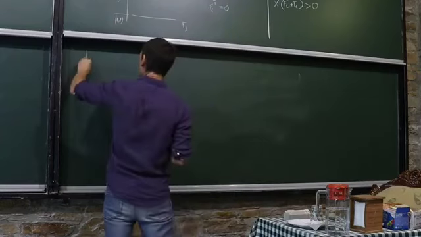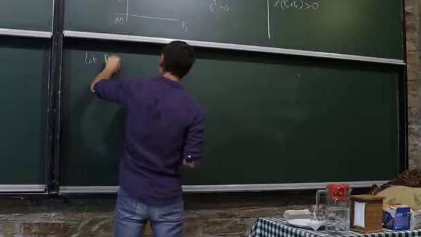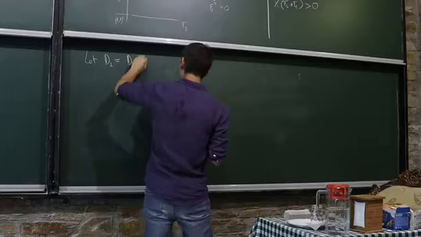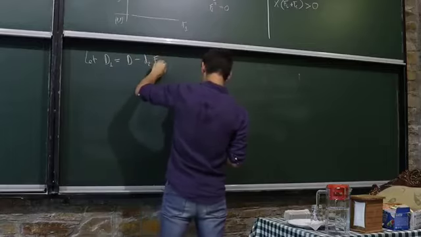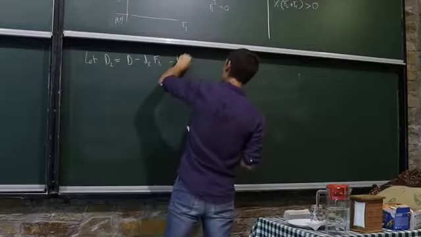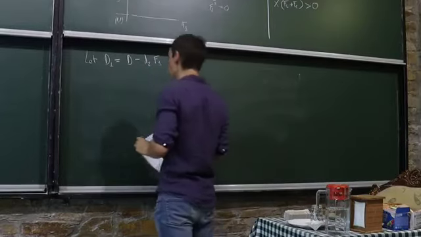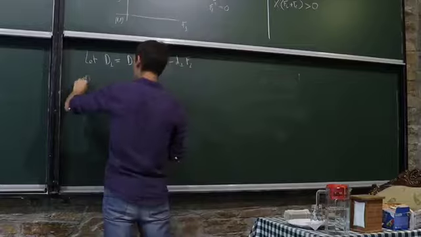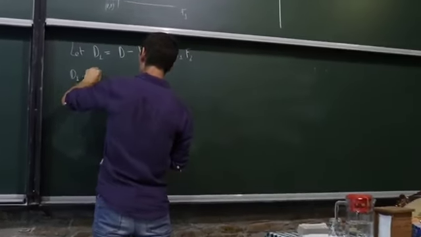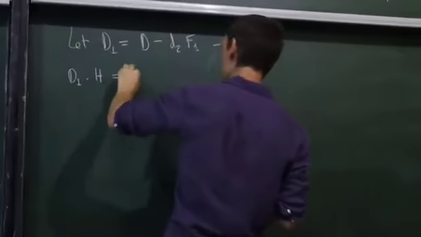So let D1 equal D minus D2 F1 minus D1 F2. So what do I observe? If I compute D1 times H, this is 0.